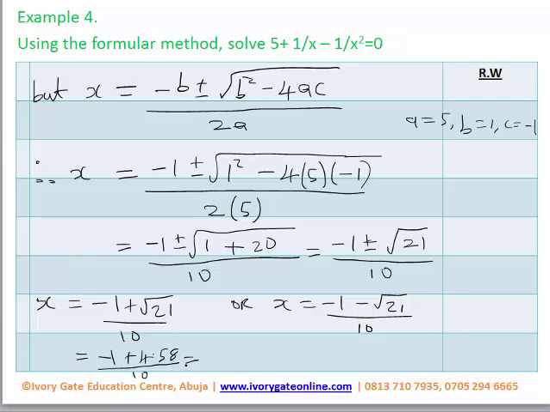So this gives us minus 1 plus this 4.58 will give us the bigger number minus the smaller number, which is 3.58 over 10.